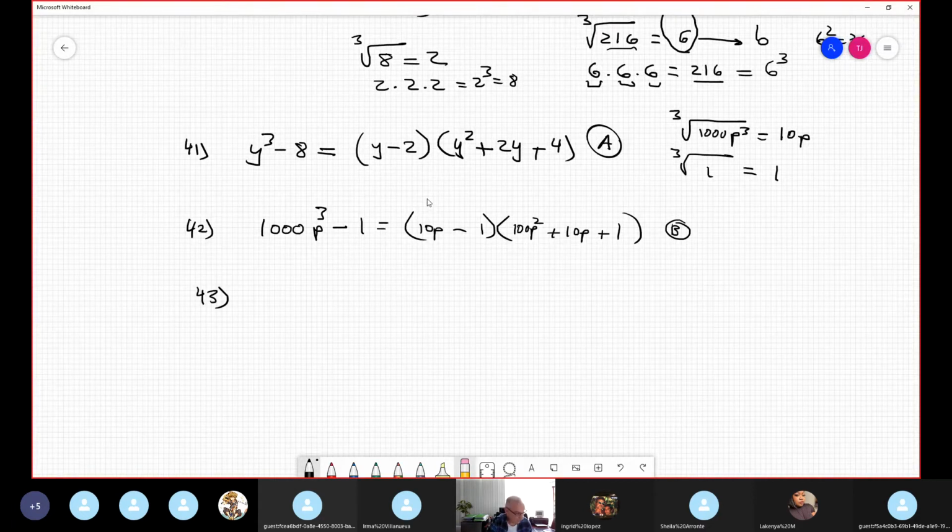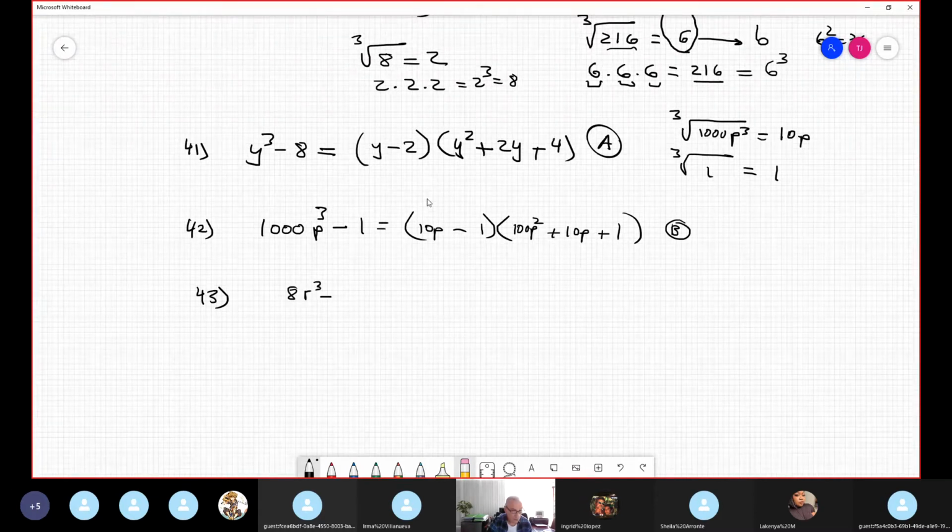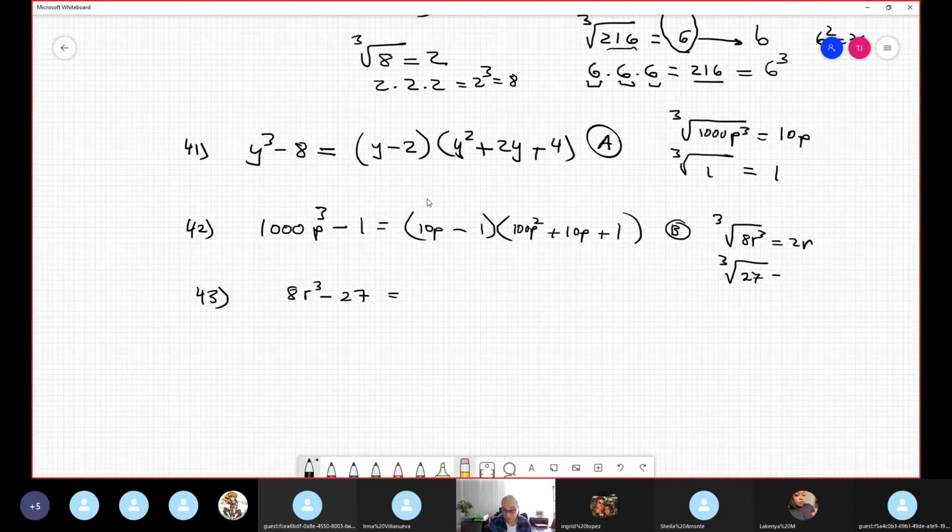43. 43 is 8r cubic minus 27. Okay, cubic root of 8r cubic is 2r. Cubic root of 27 is 3, because 3 times 3 is 9, times 3 again is 27. This is my A in the formula, and this is my B in the formula.